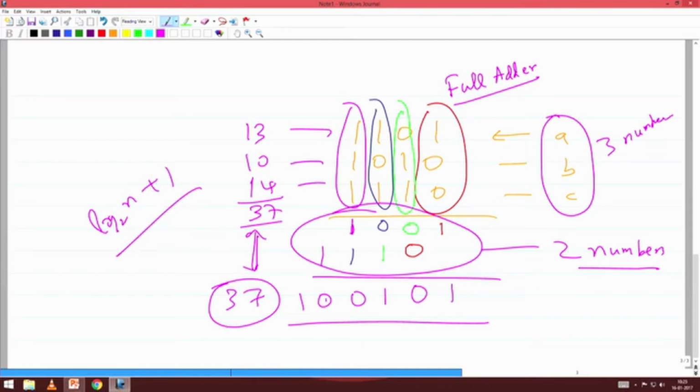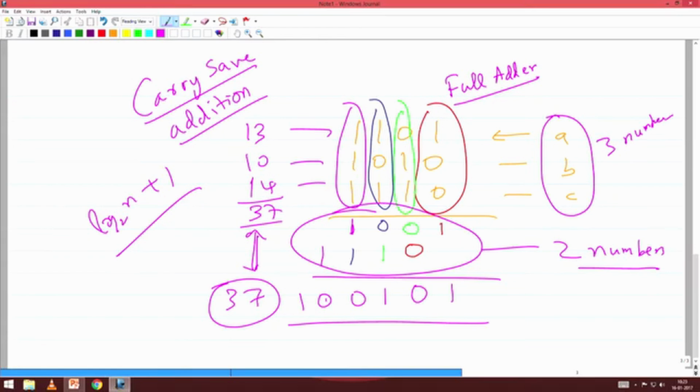Is it okay? Right? So this type of an addition is called carry save addition. Every time what I did, I took each of these columns in parallel, generated a sum bit and a carry bit, and I just arranged the carry bit with one shift to the left and added the sum bits to that.